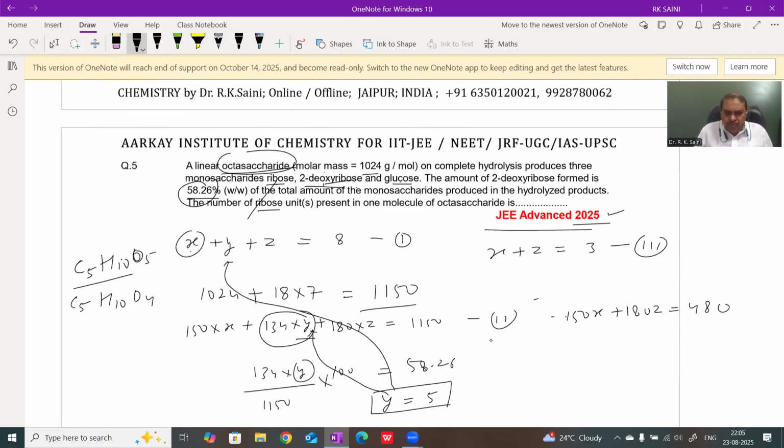The molar mass of 2-deoxyribose is 134 and the value of Y is 5; multiply and subtract from 1150, then we write another relation.